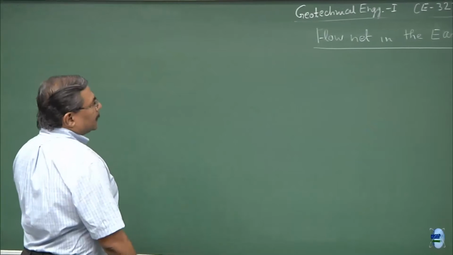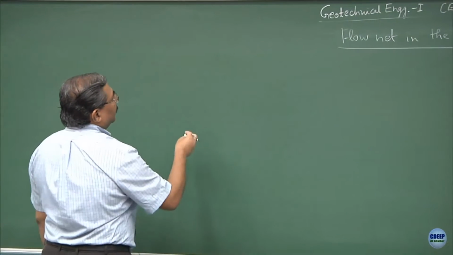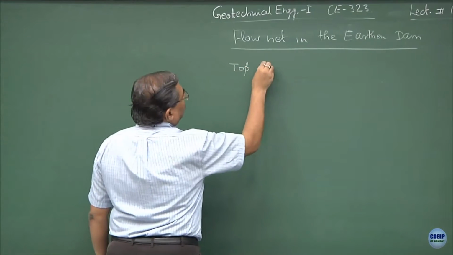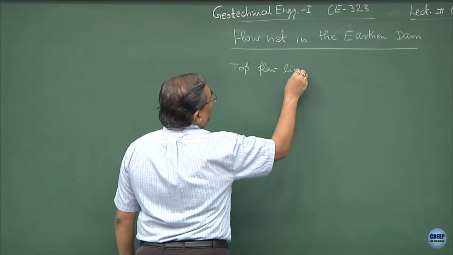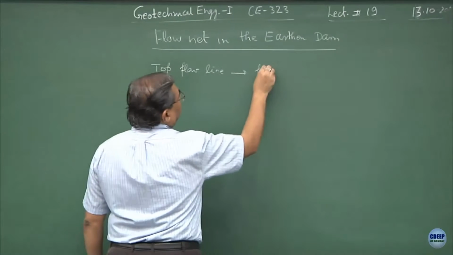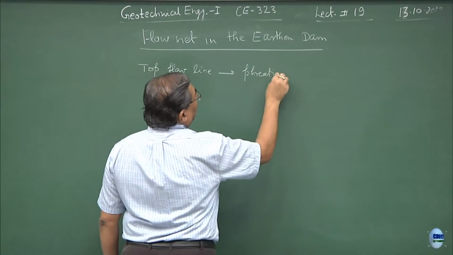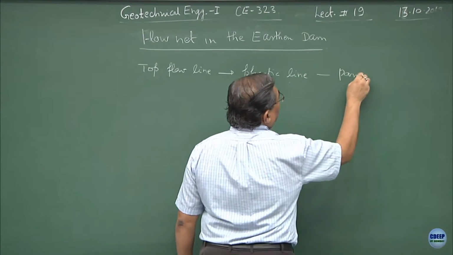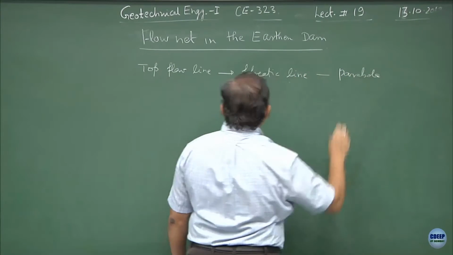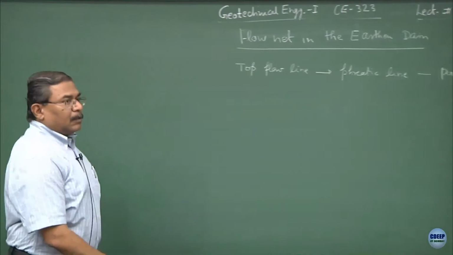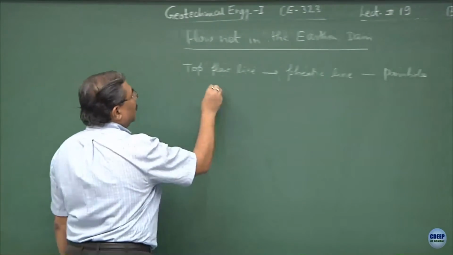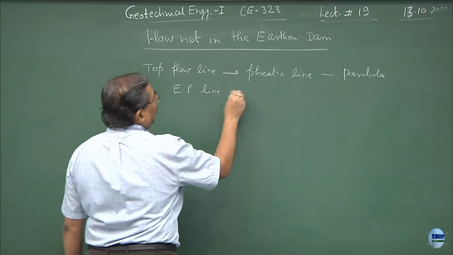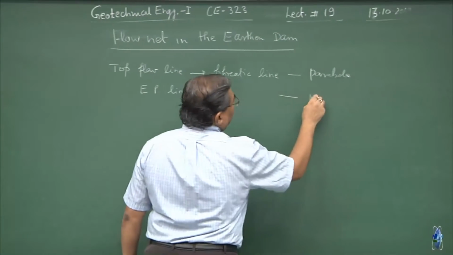So, you must have realized that having proven that the top flow line, or the phreatic line, is a parabola, and hence the equipotential lines are also going to be a parabola.